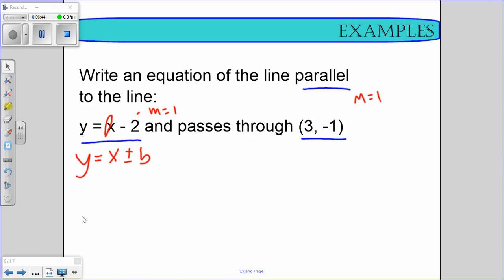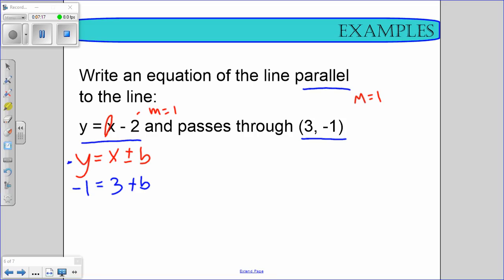We have to have that y-intercept if it has one. So we have to determine if it has one. This is where we can do it two different ways. I can take my point and plug it into the formula that I'm going to have. So y equals x plus b, which is -1 equals 3 plus b.